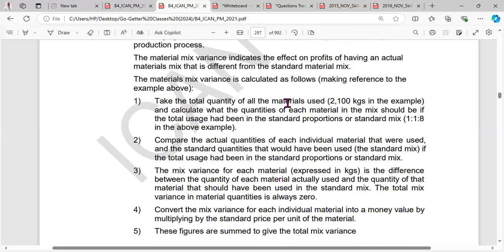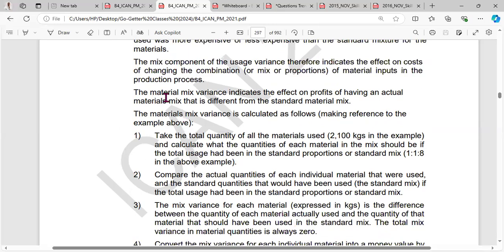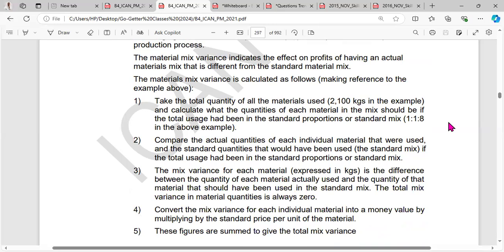The mix variance is calculated by doing the following: take the total quantity of all the materials used and calculate what the quantities of each material in the mix should be if the total usage had been in the standard proportion or standard mix. Compare the actual quantity with the standard mix.